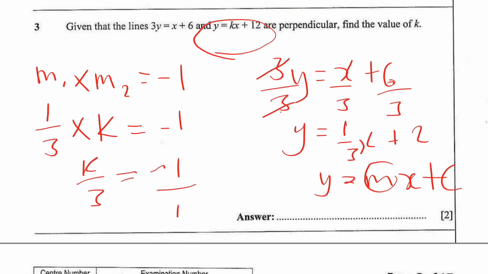Then you cross multiply. 1 times k will be just k, and 3 times negative 1 is negative 3. So the value of k is negative 3. It's as simple as this.